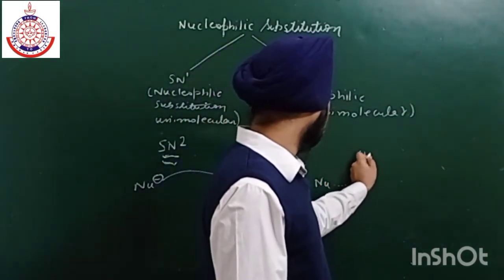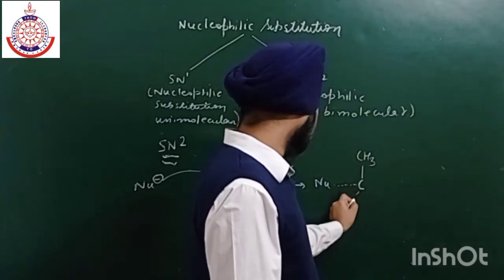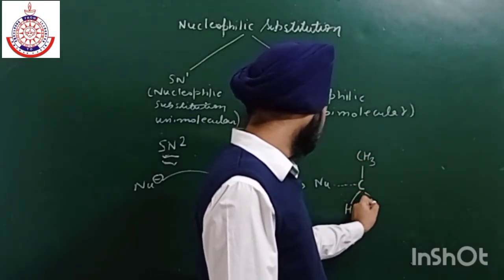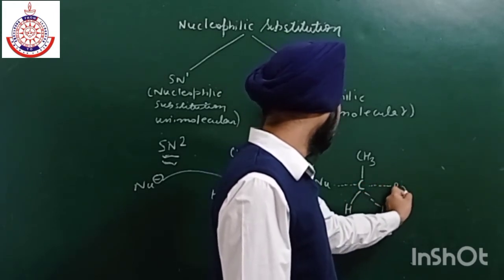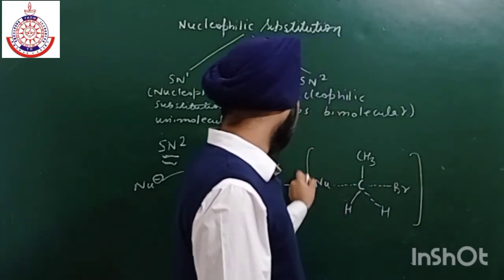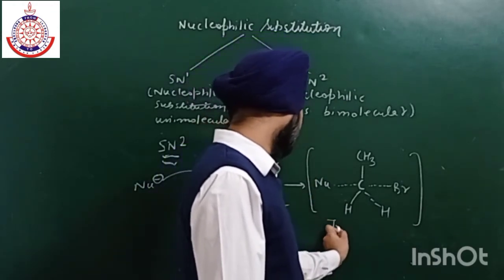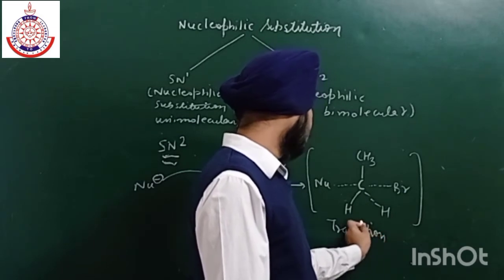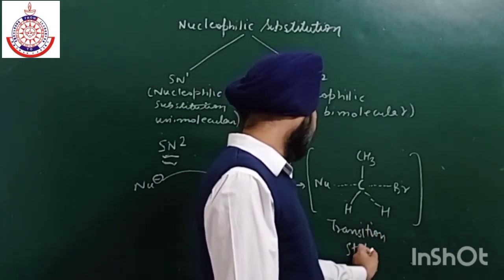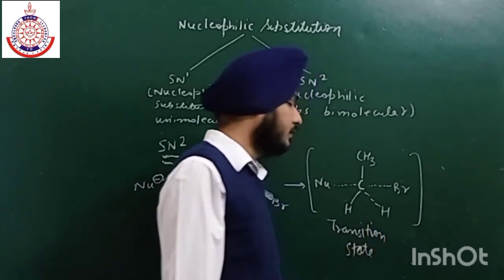That is how it happens, that is pentavalent. This bond starts breaking. Now this is a pentavalent transition state, formation of a pentavalent transition state.